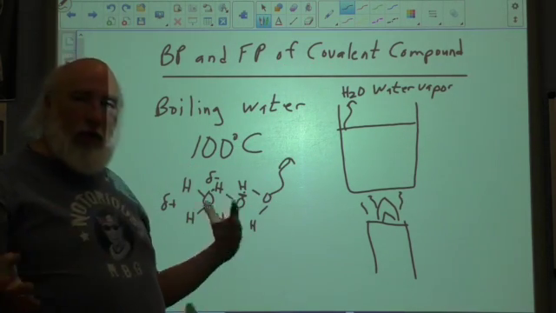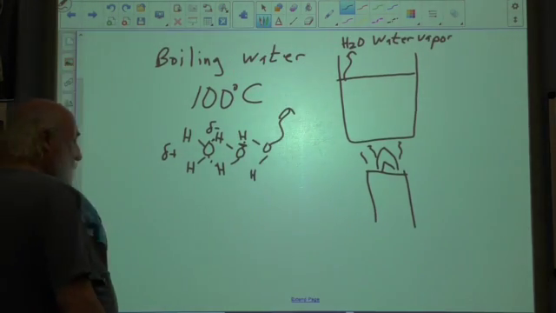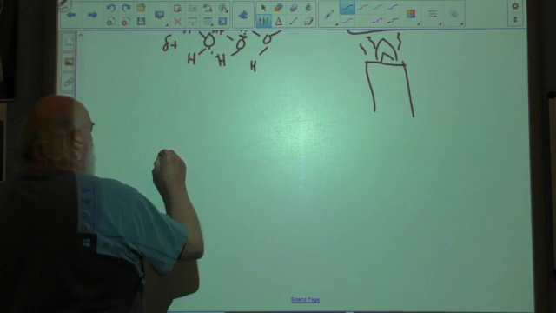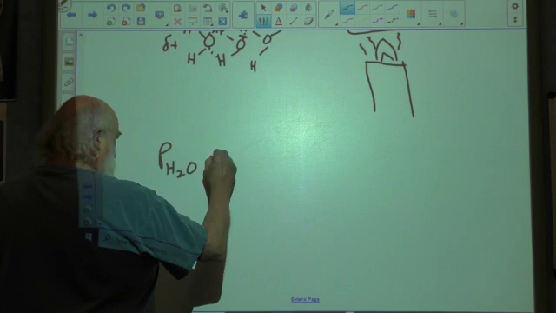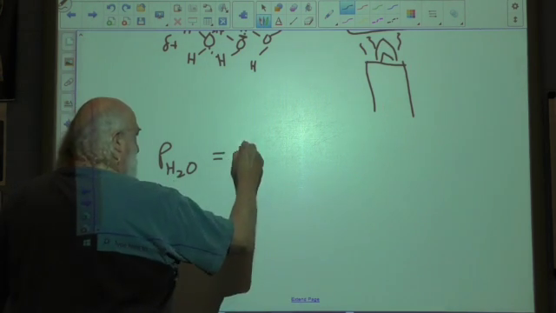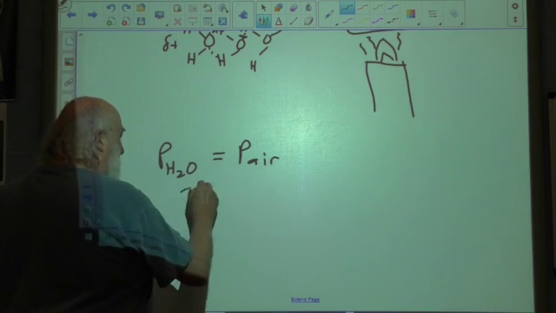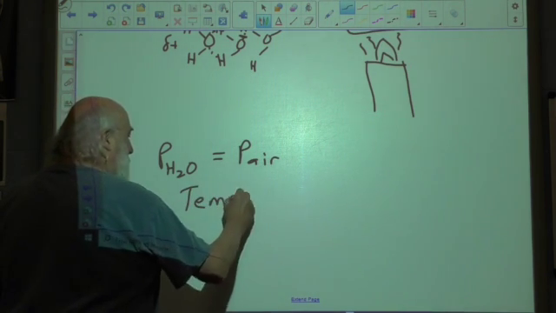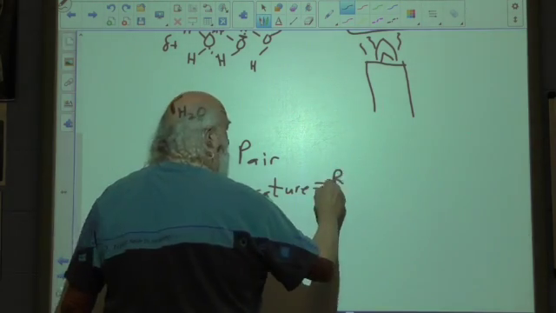And that's how they define boiling point. It is when the pressure of the water coming off of a liquid equals the atmospheric pressure, what we call air pressure, whatever temperature that occurs at, that is called the boiling point.